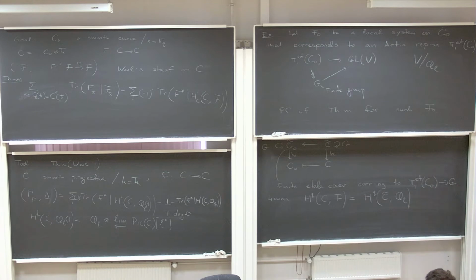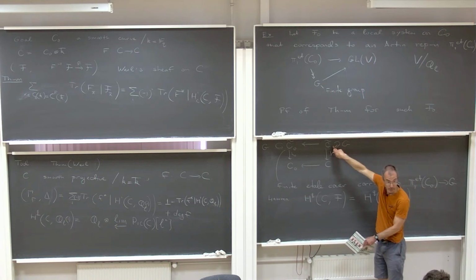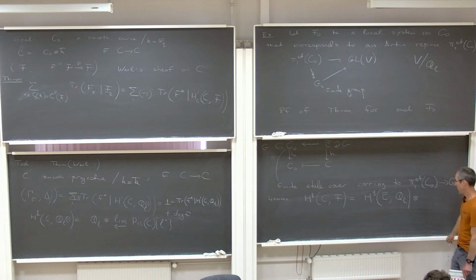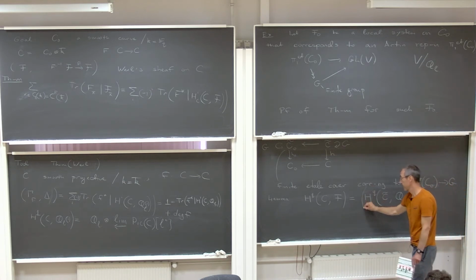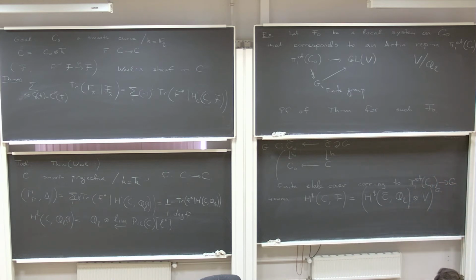This is a vector space with an action of G, because G acts on C tilde. I can tensor this representation with V and take G invariants.